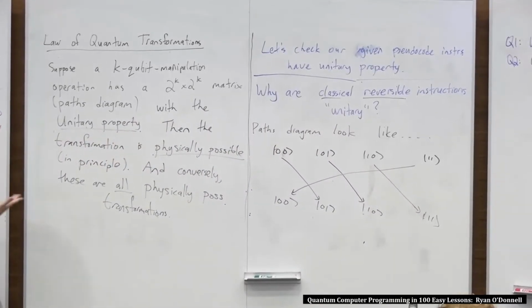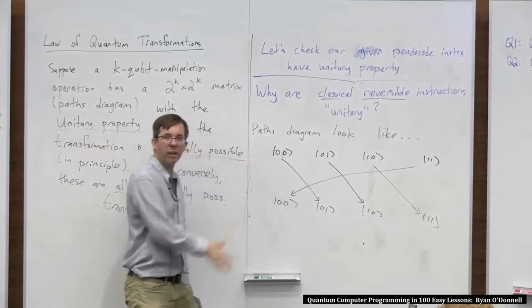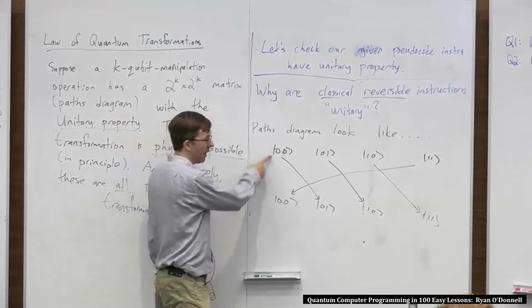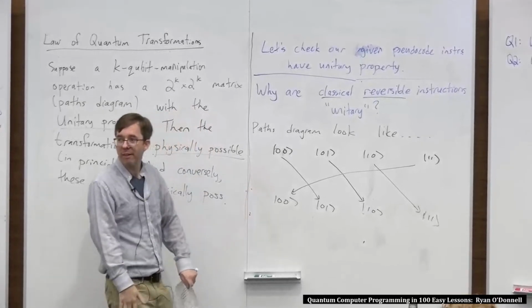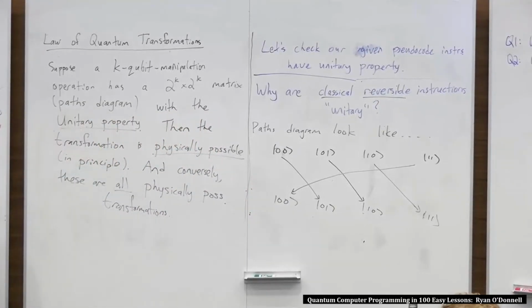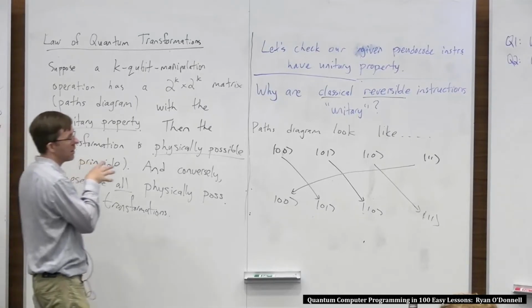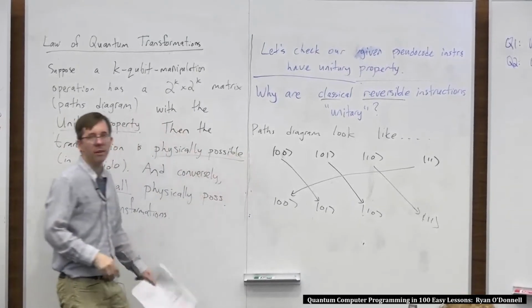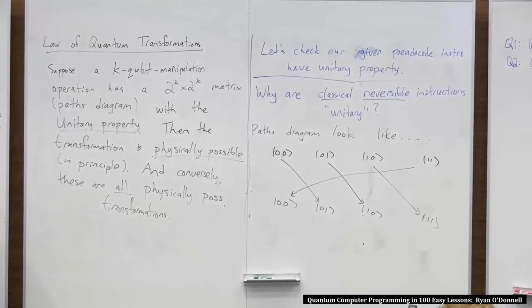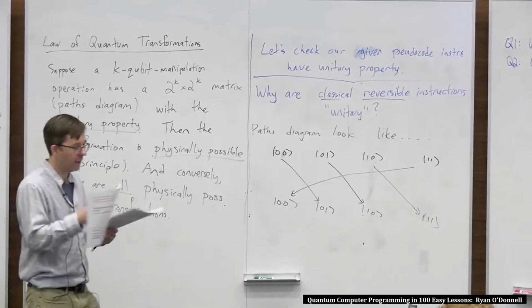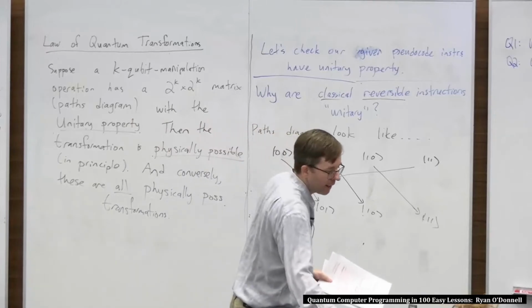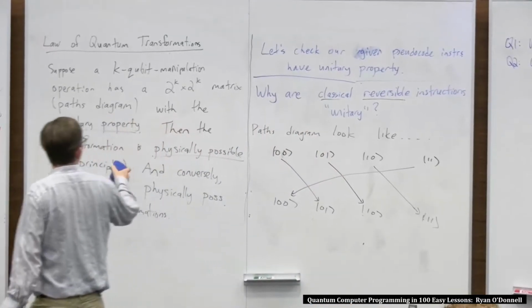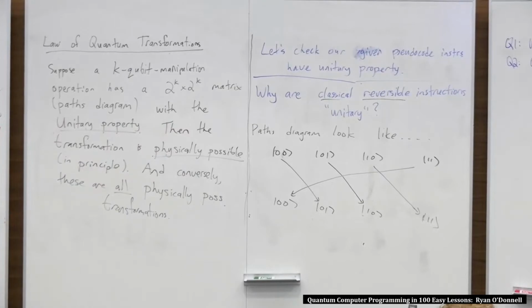And on the other hand, if everybody has in degree 1, then it's perfectly reversible. Really, I'm just saying this is a directed matching. It's like a permutation. So all the classical reversible instructions have paths diagrams that look like this. And from this fact, once you know this, it's kind of clear why these things have the unitary property.